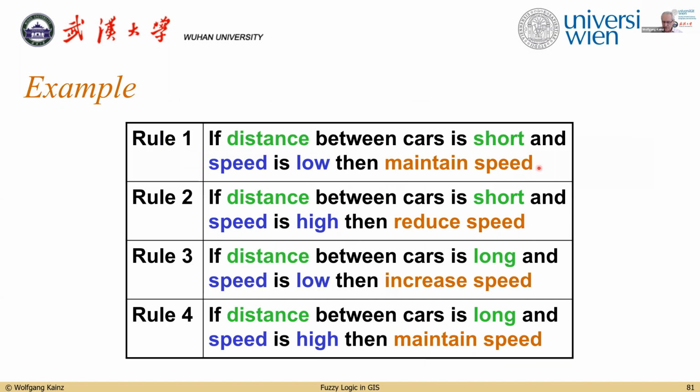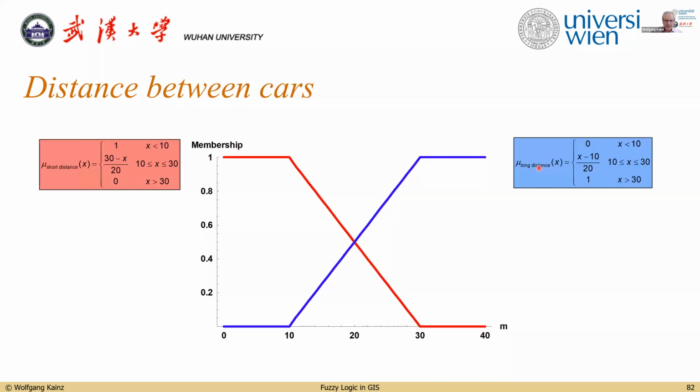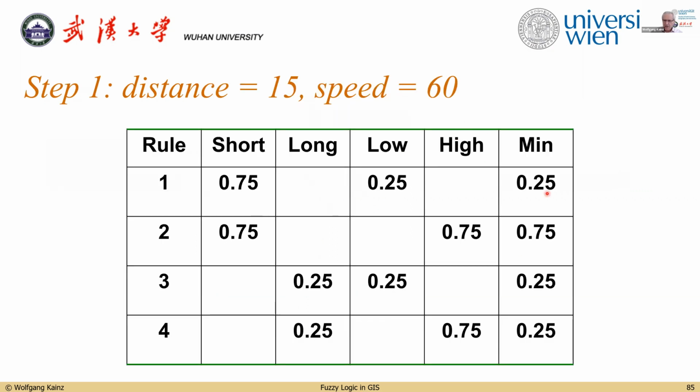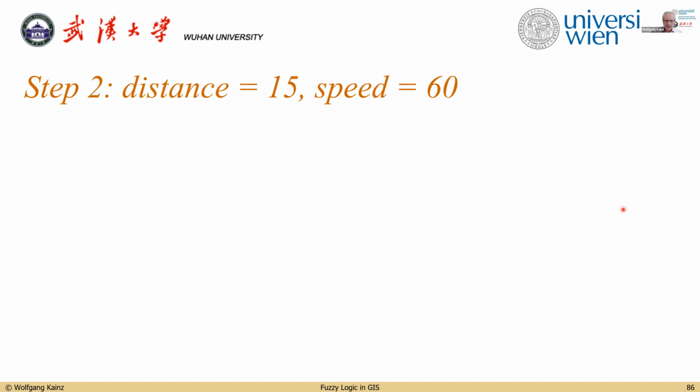The maintain speed membership function is this triangular function here, the green one. And remember, the minimum of rule number 1 was 0.25. So we take this maintain speed membership function and cut it at 0.25. So this is now the truncated or cut conclusion membership function.